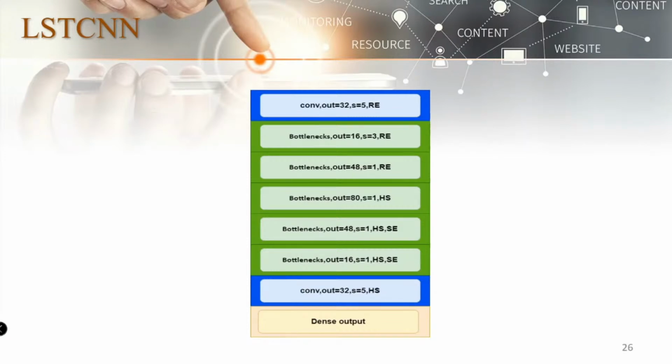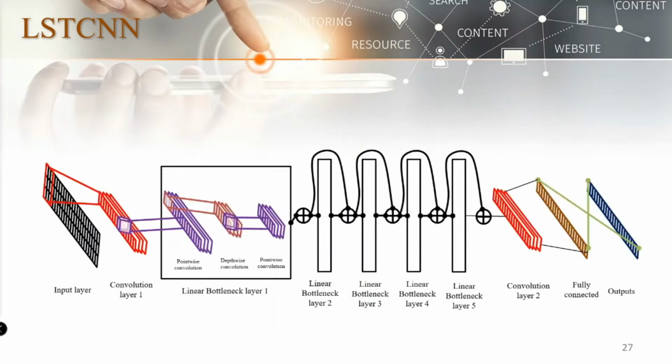In order to capture the features more deeply, a 5-layer bottleneck with expansion factor architecture is used to connect the convolution layer. This is the lightweight model proposed in this research.